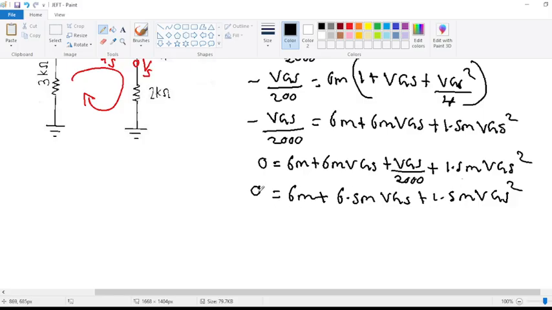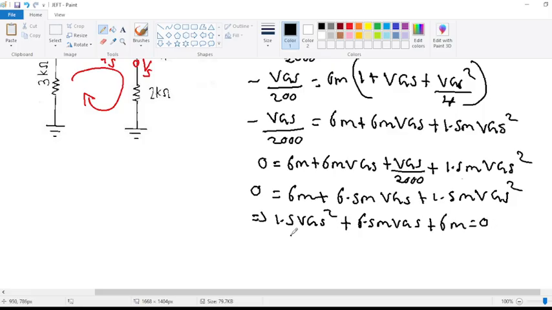Okay, from there now, this becomes the quadratic equation because of the VGS and the VGS squared. So the quadratic equation appears like this. We're going to have 1.5 milli VGS squared plus 6.5 milli VGS plus 6 milli equals to 0.